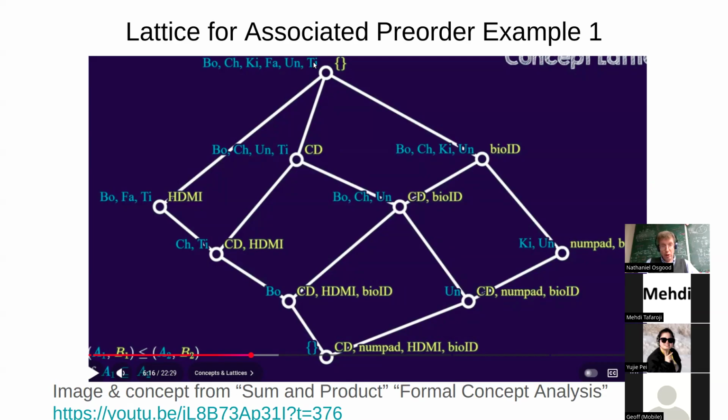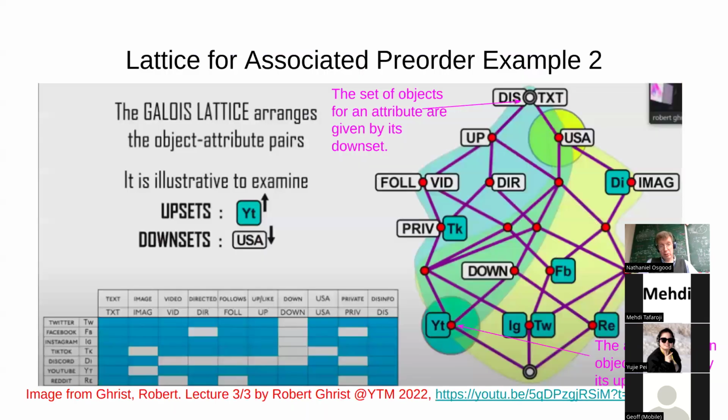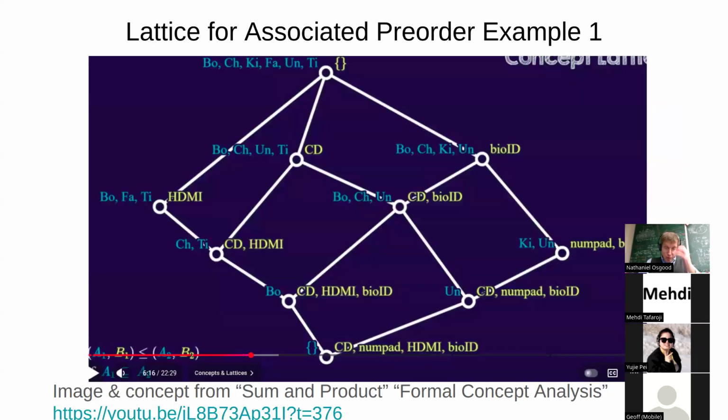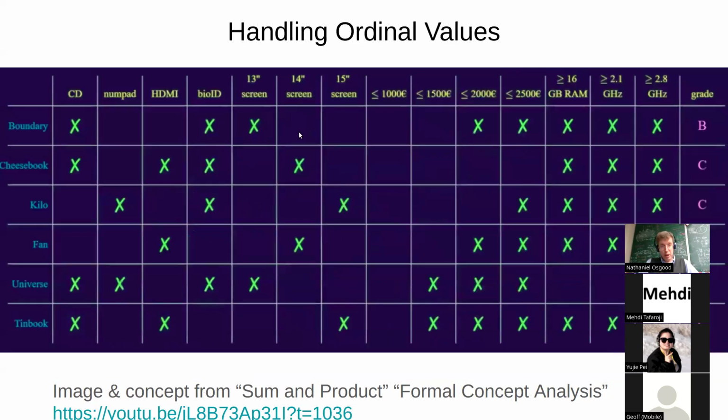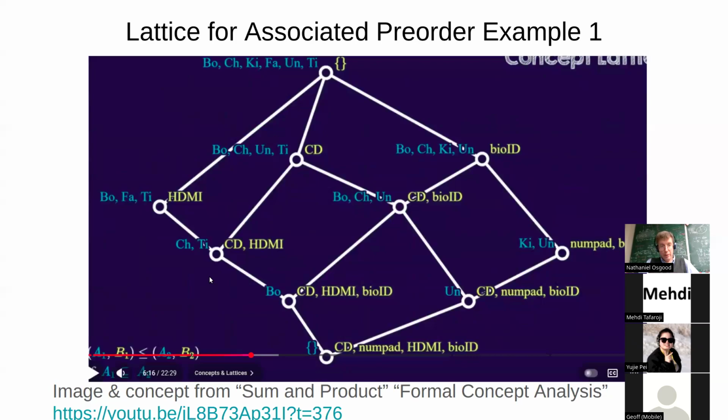The further you go up, the less restriction on attributes, the fewer attributes you require them to have, but the more objects therefore satisfy those relaxed constraints. So this encodes a subset of this table here.